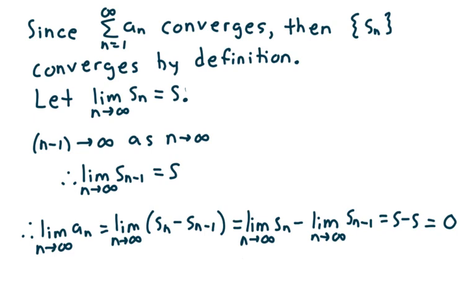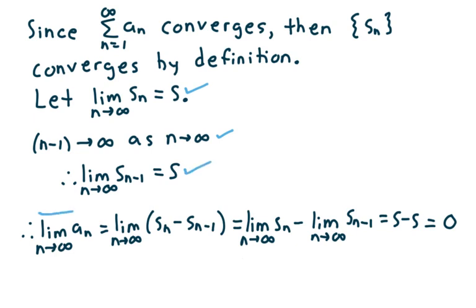And because that sequence converges, we're going to let the limit as n goes to infinity of s sub n equal s. n minus 1 goes to infinity as n goes to infinity. And so what that tells me is that the limit as n goes to infinity of s sub n minus 1 must also equal s.